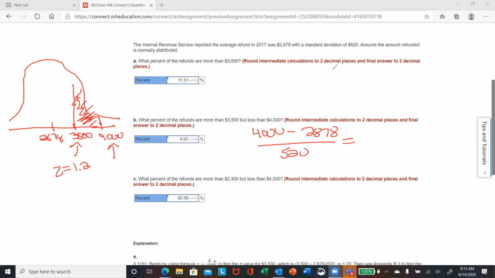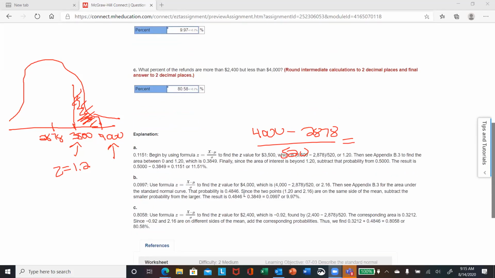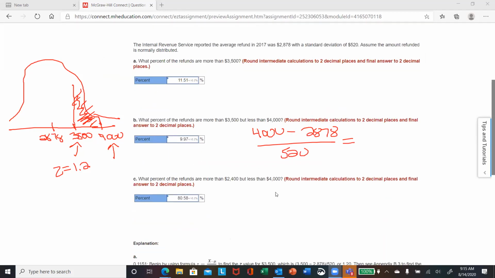So remember, once you get that, you got to look up each z-value individually. So the z-value for 4,000 looks like it's right at 2.16. So all you do is go to your z-table. If you look up 1.2, we know that that's 0.3849.